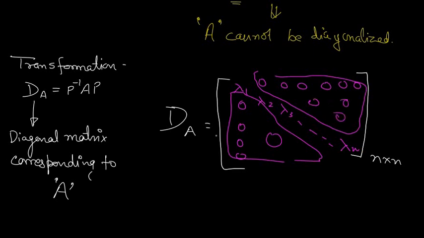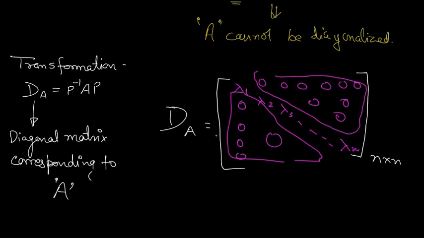So that is the diagonal matrix dA. If you can claim by inspection that all the eigenvectors are independent of each other, then you can directly write the diagonal matrix, which is just the eigenvalues of the matrix.